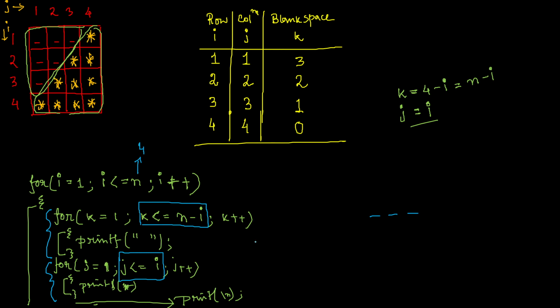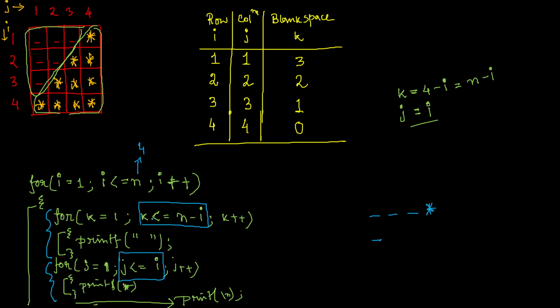Then this k loop will stop, then the j loop will start, and j is 1 less than equal to i, i equal to 1 at that moment, so 1 star will be printed. Then printf slash n, so the cursor blinks over here, and i will become 2.